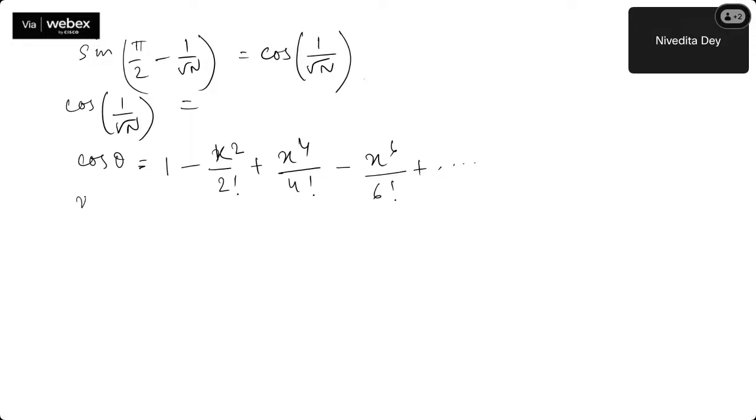So in place of x, just replace it by 1 by root n.